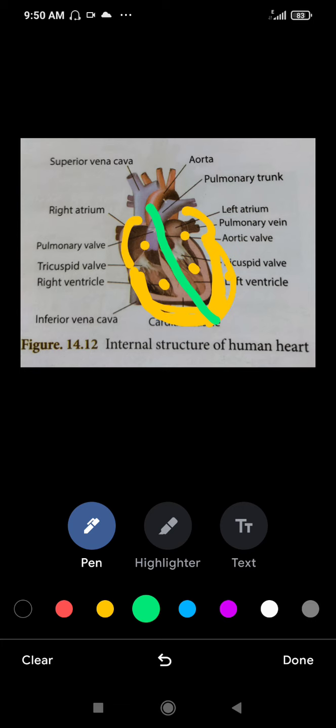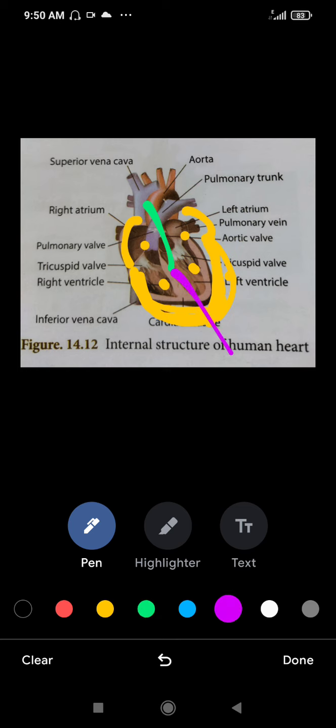The two atria are separated by a partition known as the interatrial septum, and the two ventricles are separated by the interventricular septum.